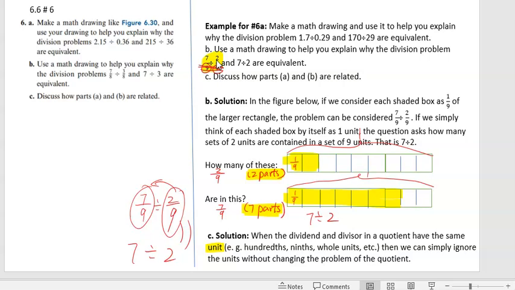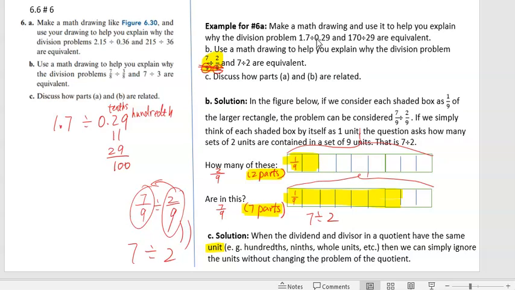For decimals, this is 1.7. Let me put it right here. Start from 0.29. We know this means 2 tenths and 9 hundredths, so we can convert this to a fraction as we did in the practice before. So 0.29 can also be considered as 29 hundredths.